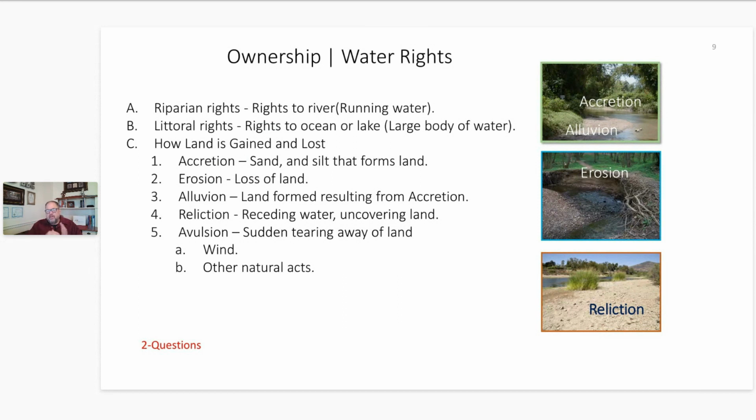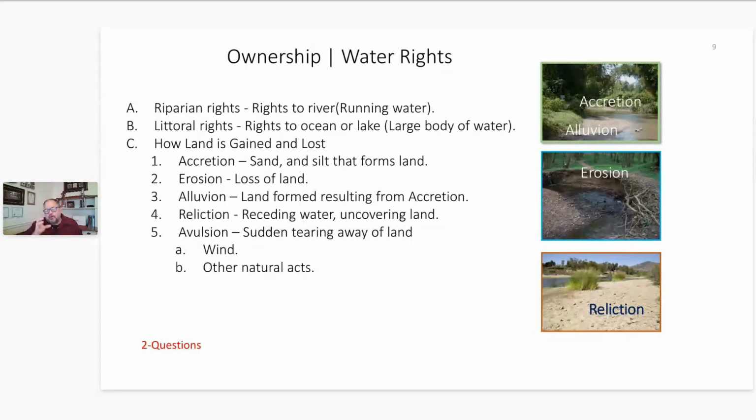Riparian, R. Well, that's going to be associated with water rights that is running water, like rivers, okay, streams, etc. So we're talking about riparian R, running water R, rivers, okay? Littoral, on the other hand, is L, littoral, la, lakes, large bodies of water. These are bodies of water that don't flow, okay?